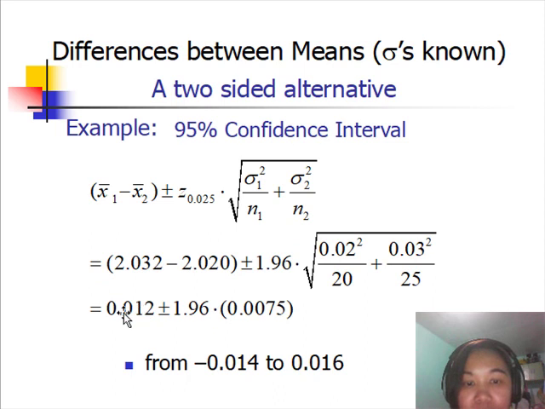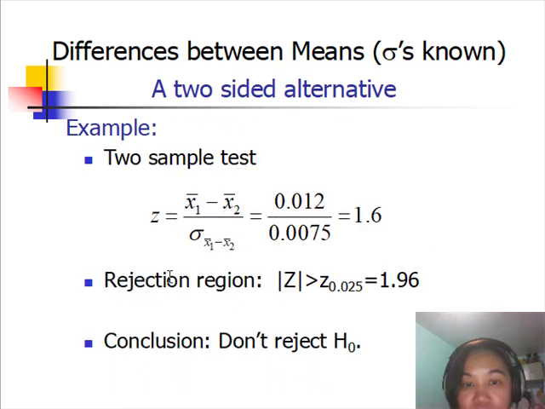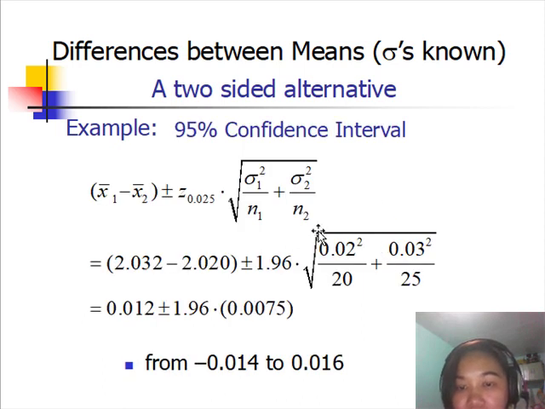It is also here 0.012. This is the sample mean of the first group, the values in laboratory 1. This is the sample mean in laboratory 2. And their difference is 0.012. That is why we have it here. This one is our standard error, so that's 0.0075.